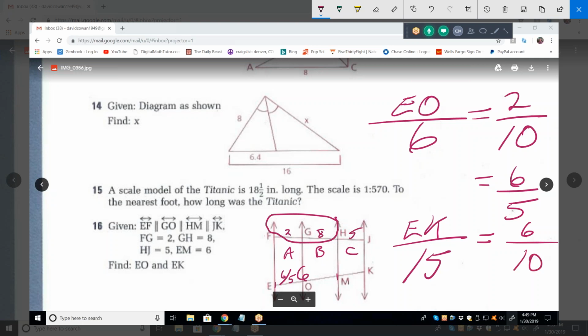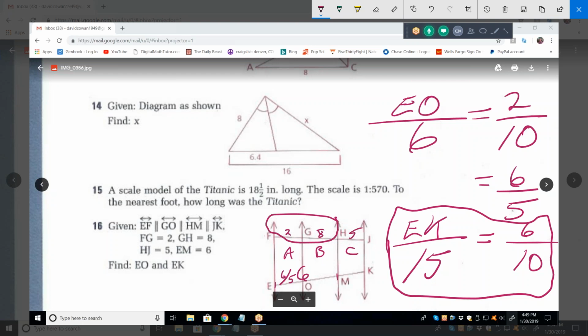So here's what we have. Now, let's solve it and see if it makes sense. Is EK going to be smaller or bigger than 15? EK is going to be smaller. Yes.